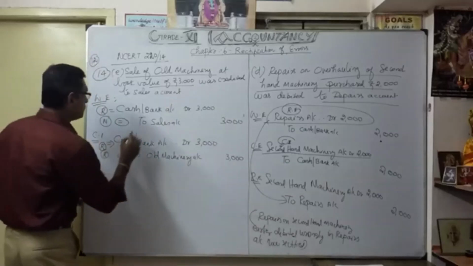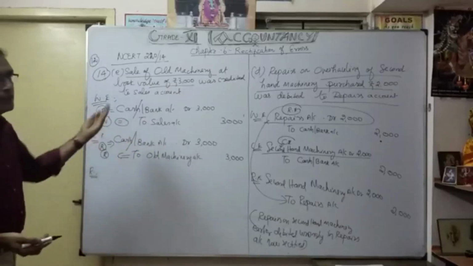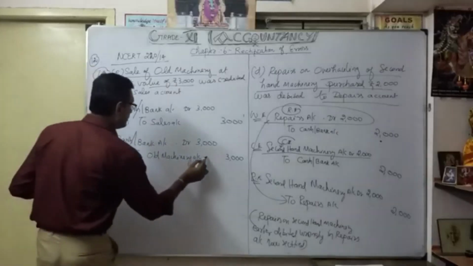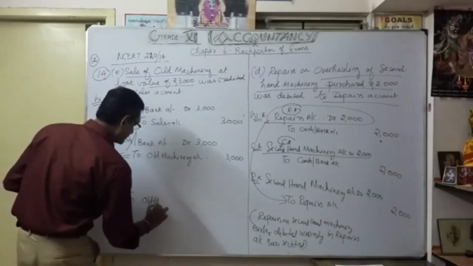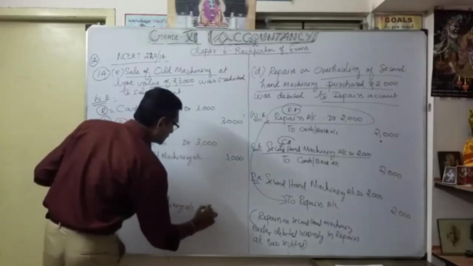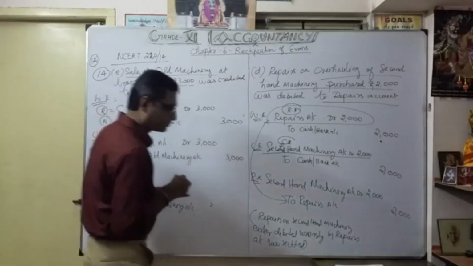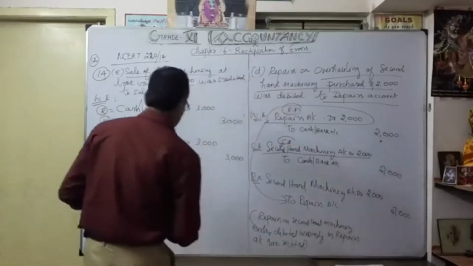As you know, this debit is correct. The only thing we want to correct is the credit, which they wrongly recorded. So the old machinery is correct: to old machinery account. That is the credit we want to correct. Machinery account 3,000.